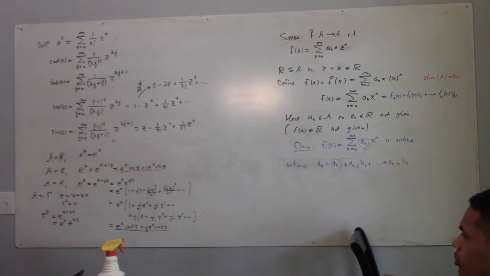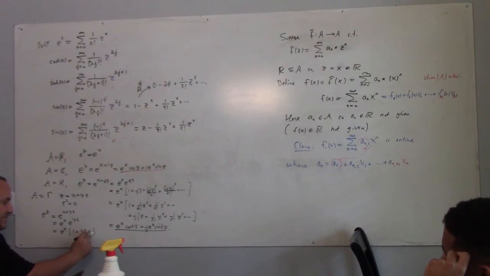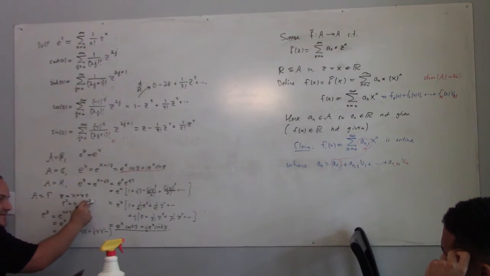So you get 1 plus y epsilon, plus 1/2 y squared epsilon squared, plus and so on. But epsilon squared is 0, and epsilon cubed is also 0.